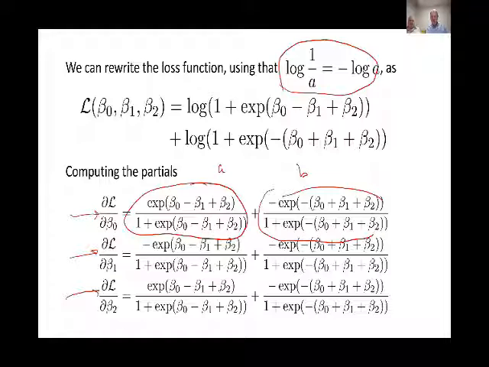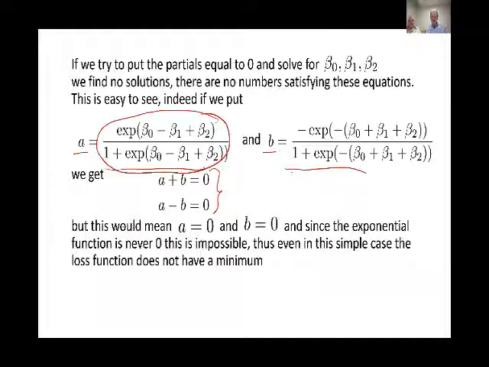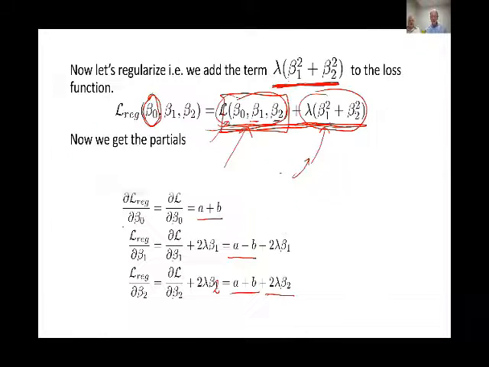So you can see what these expressions here for the partials in terms of A and B. You can see these two are the same, right? So A plus B, and this one is the same with a minus here. So the three equations that we had before we regularized, A plus B, A minus B, and A plus B, are all equal to 0.